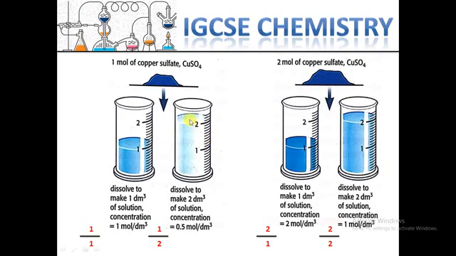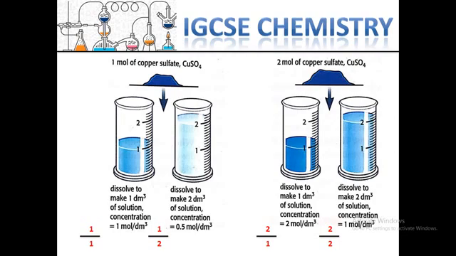But this one is a very dilute solution. This is a very concentrated solution because you have 2 moles of solute in 1 cubic decimeter of solution. So the concentration is 2 moles per cubic decimeter.